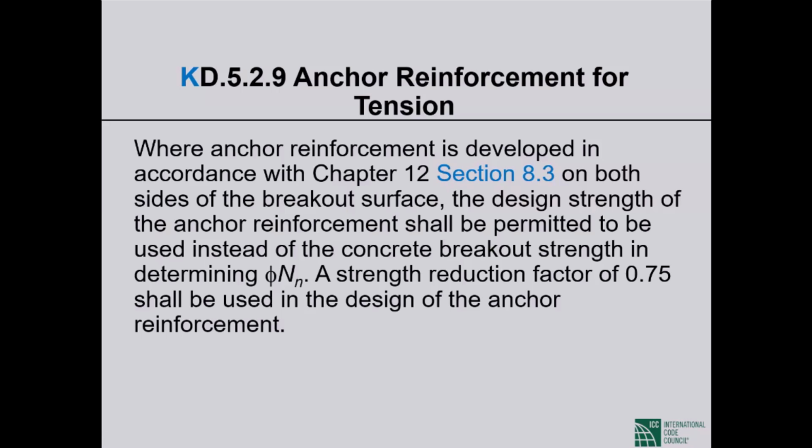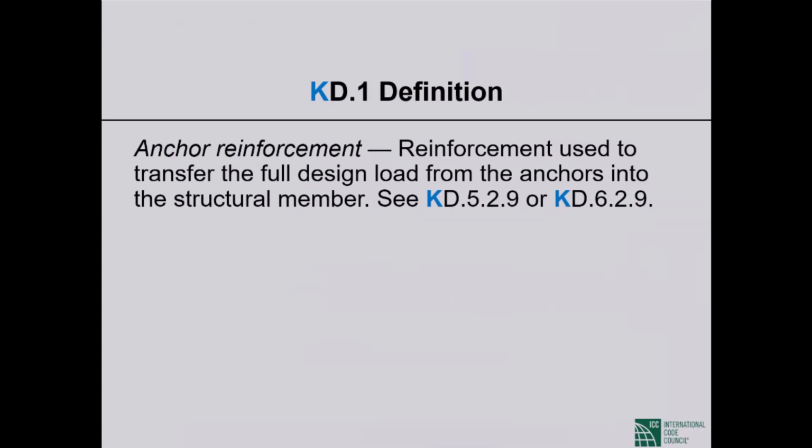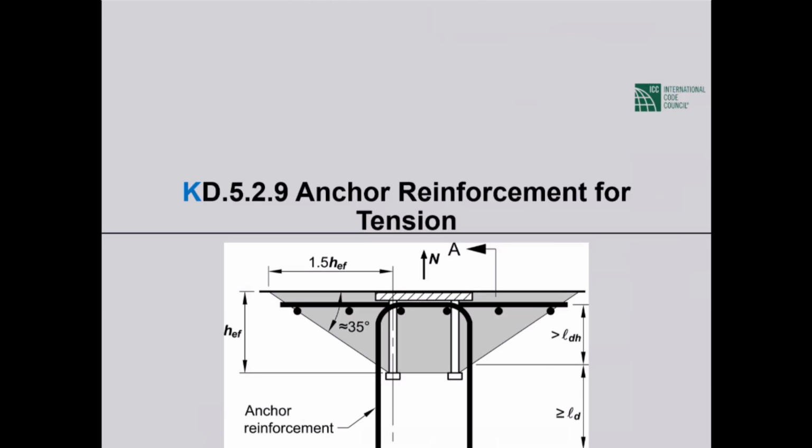Anchor reinforcement, this is the definition, is reinforcement used to transfer the full design load from the anchors into the structural member. If you read between the lines, this is reinforcement that suppresses breakout failure.